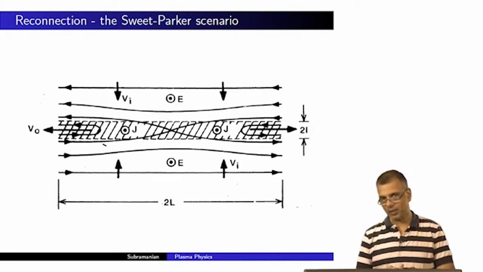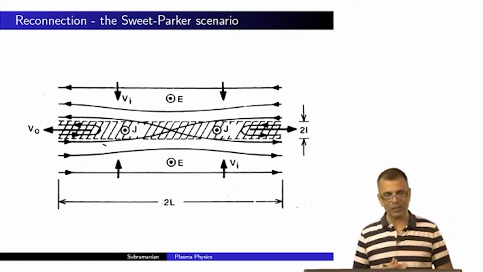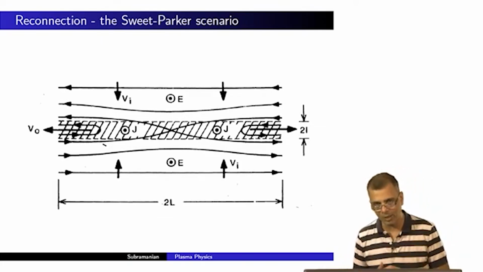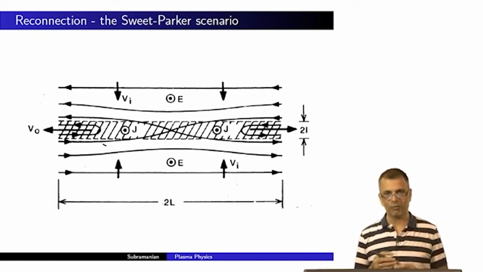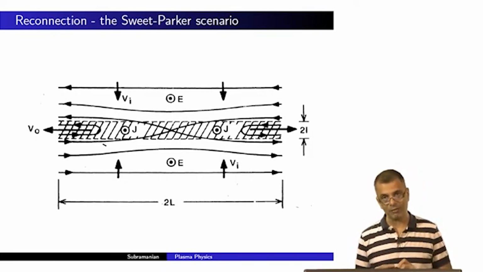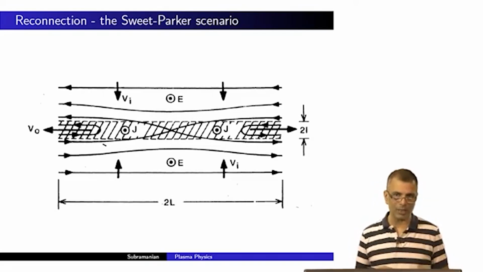Because as we pointed out, the whole point of reconnection conceptually, yes, it's cutting and pasting field lines, which is not permitted in MHD, and so you have to invoke fancy non-ideal effects such as finite resistivity and everything. Where the finite resistivity comes from, that's another matter, but we will see.